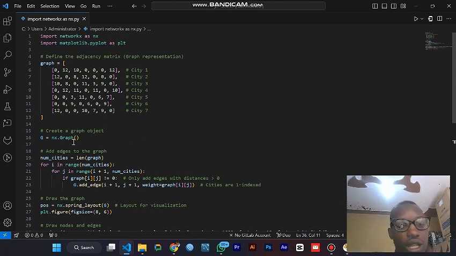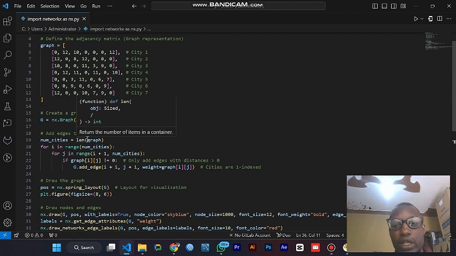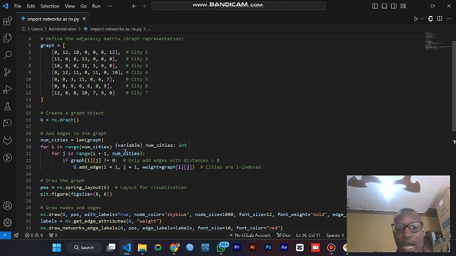Next, we went ahead and created a graph object, and for this we used NetworkX, a Python library that simplifies the creation and manipulation of graphs. Here is how we add the edges to the graph.